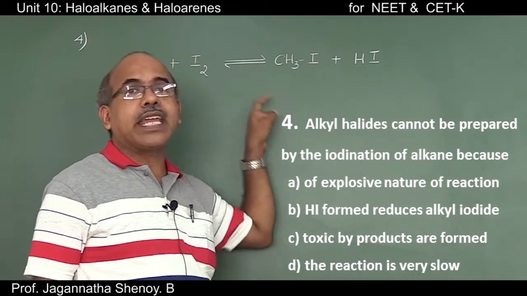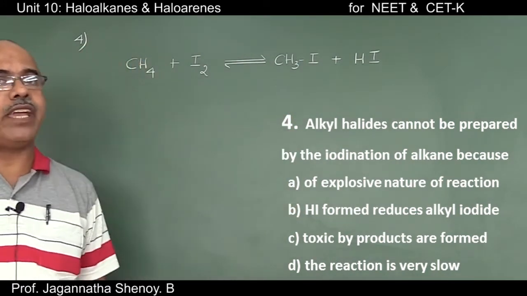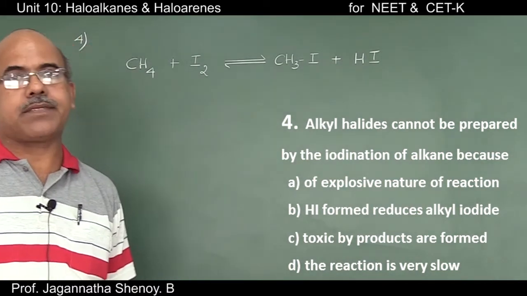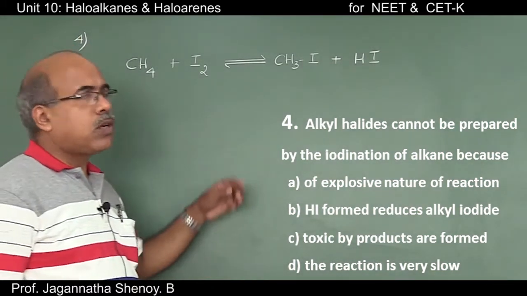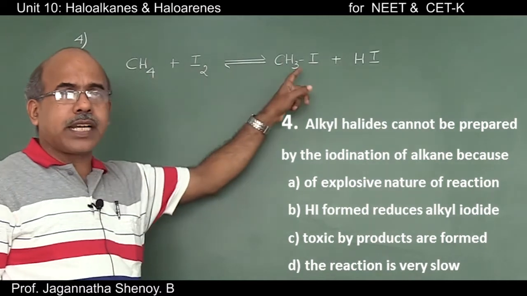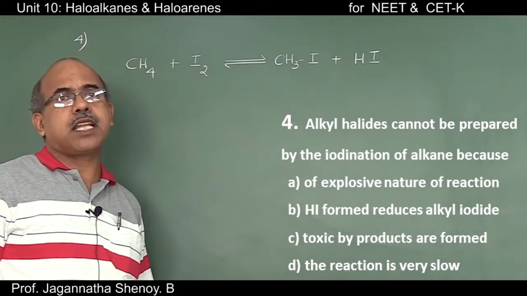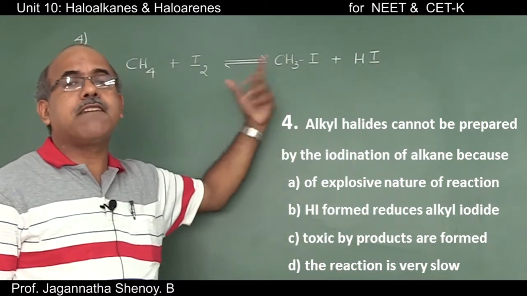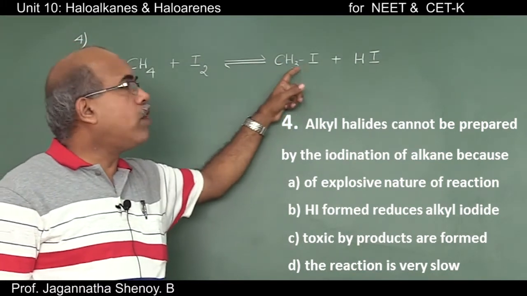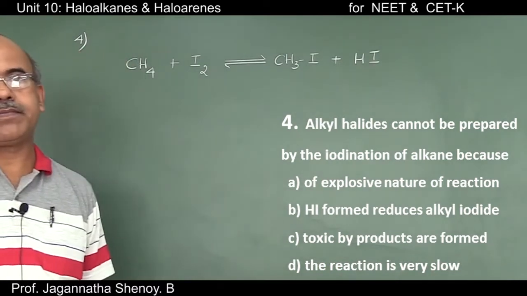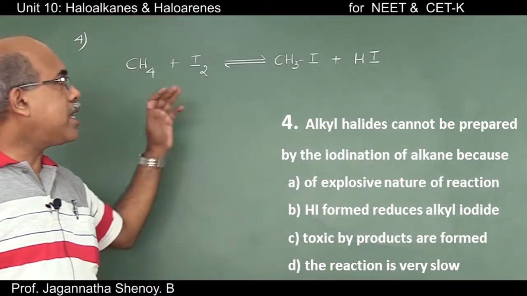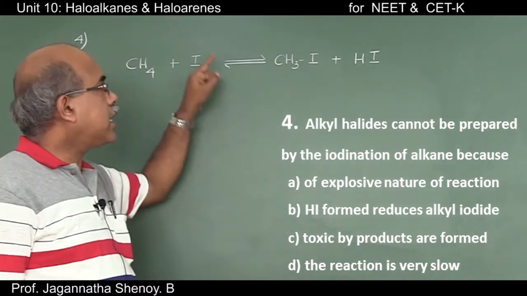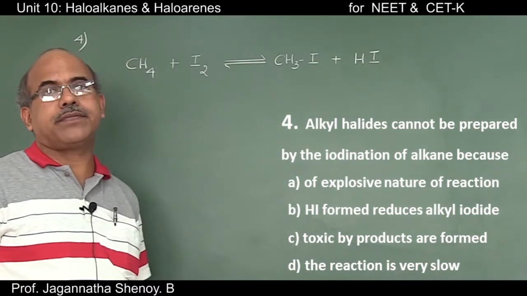What about the yield of the major product that we expect? It would be less. And also, because the reaction mixture contains all the 4 substances, separating the required product becomes difficult. Or in other words, purification is a problem. So the basic problem in this reaction is it is a reversible reaction.